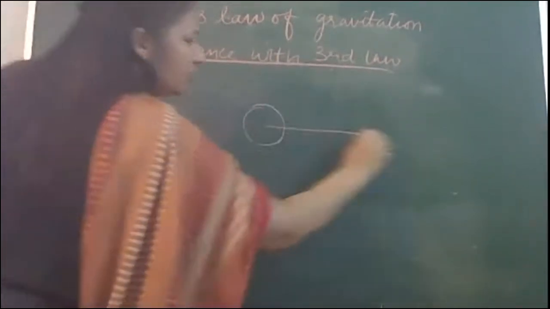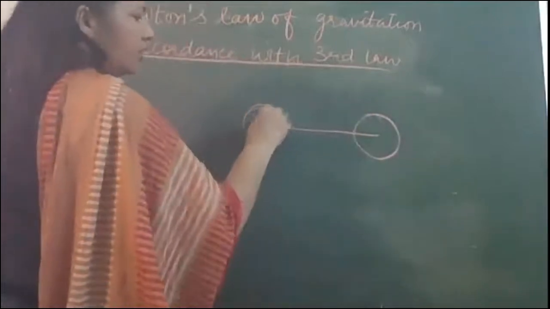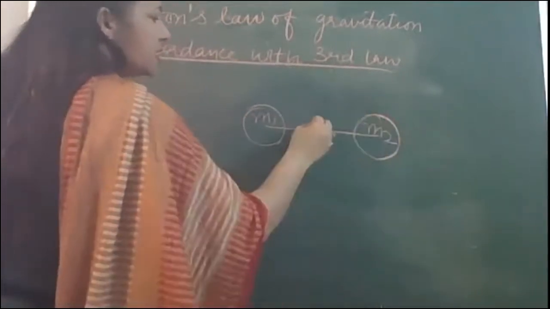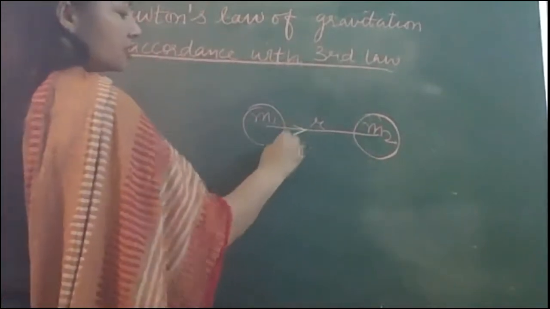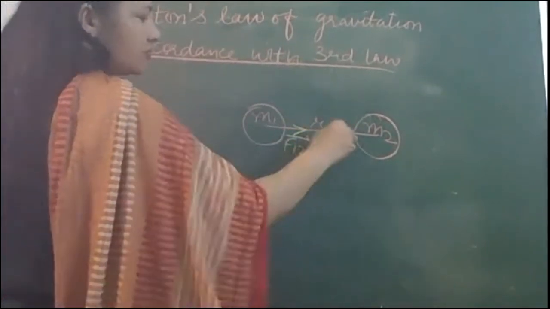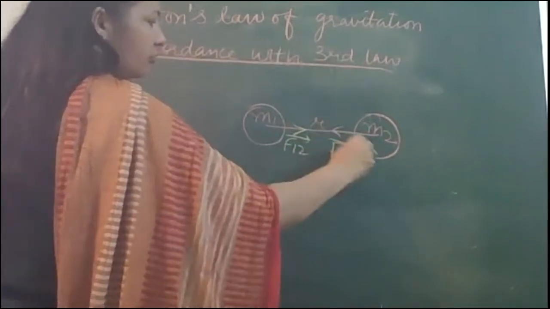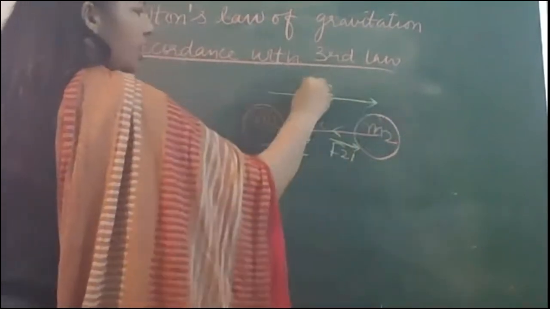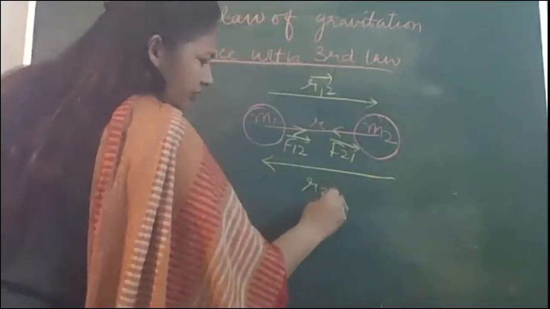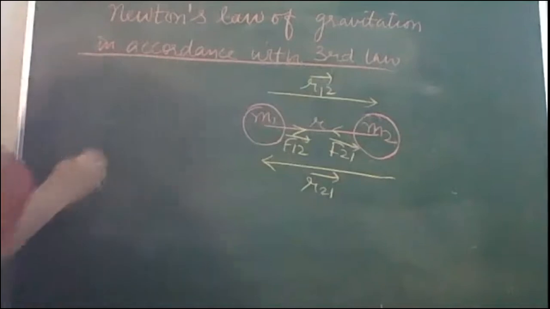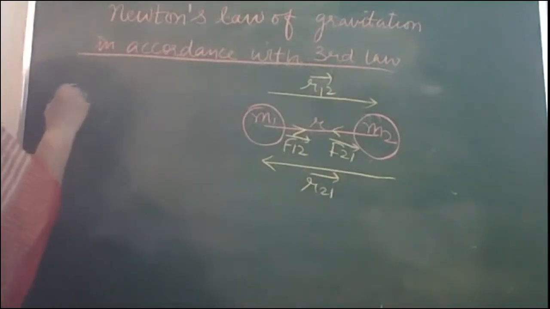So we had 2 masses, m1, m2, distance between them was r, right? Force F12 was this, force F21 was this, and this was our r12 vector, and this was our r21 vector. Okay, and we had written 2 equations.